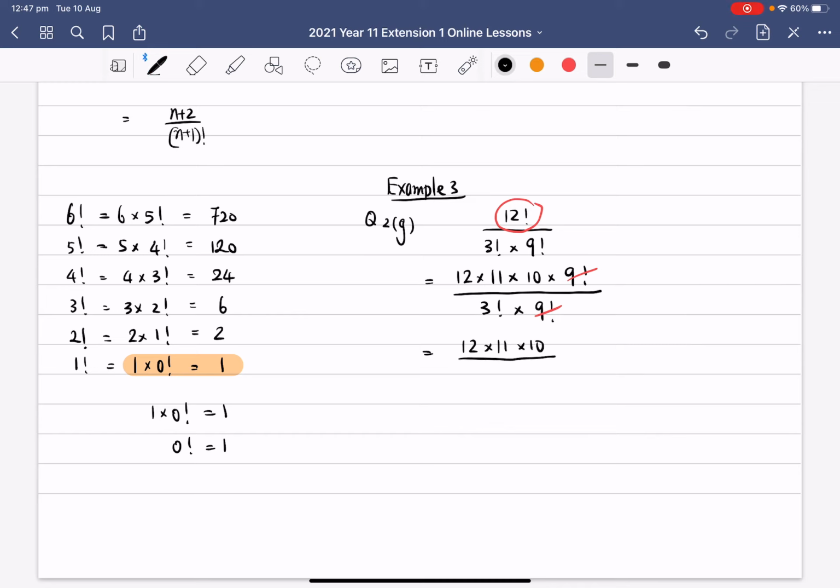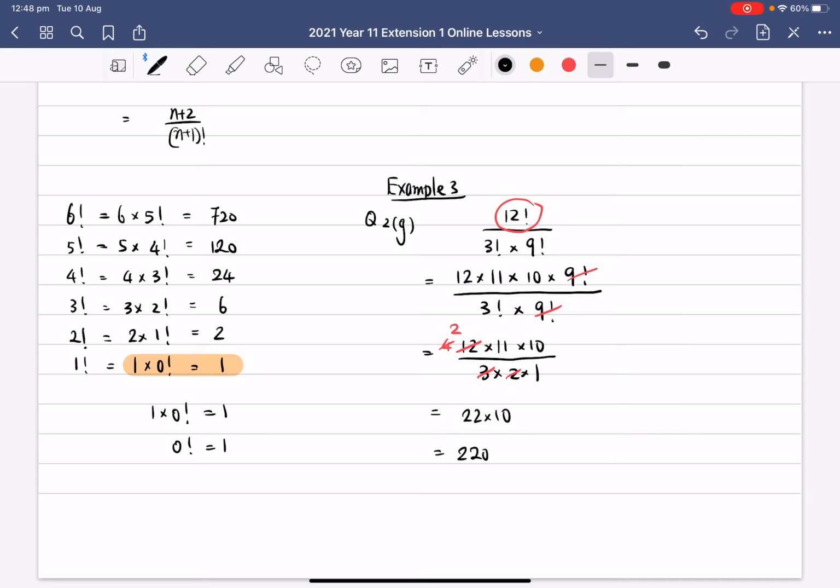Now 3 factorial is just equal to 3 times 2 times 1. From here, you can cancel the 12 and the 3, which gives you 4, and then 4 and 2 becomes a 2 at the end. So that's it, okay? That becomes 22 times 10, which is 220. That's how you do the question without using a calculator.